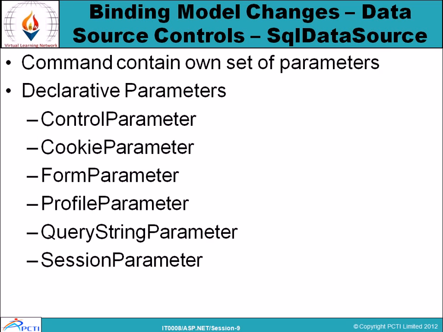Binding model changes include data source controls, SQL data source, which contains commands having their own set of parameters. The first one is declarative parameters, which further include different control parameters, cookie parameters, form parameters, profile parameters, query string parameters and session parameters.